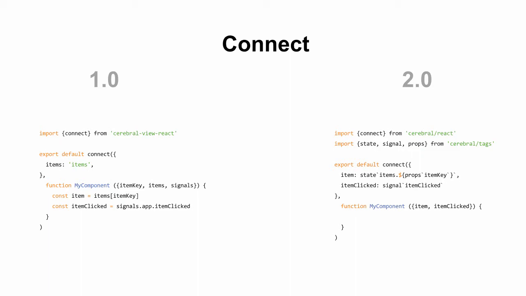On Cerebral 2, you still connect, you still pass an object as the first argument, but you use something we call tags. You explicitly say, I want this state or I want this signal in my component. The cool thing about tags is that they are template tags. You know the template literals you can use to compose strings together.